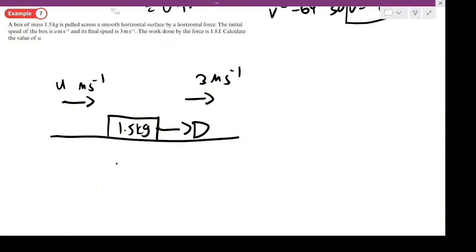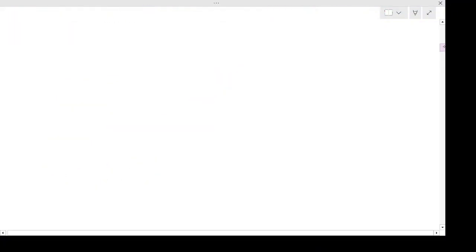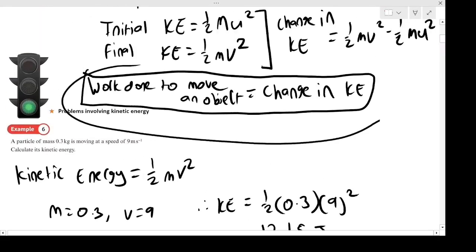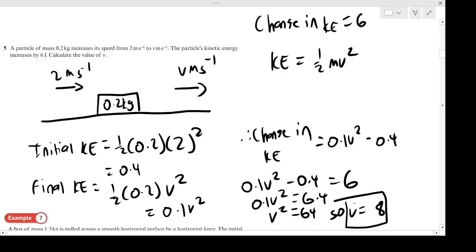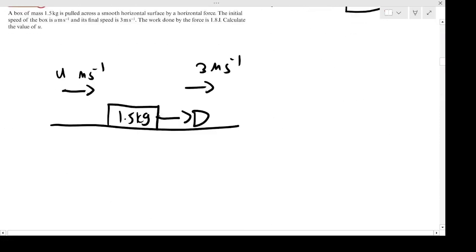But as we discussed at the start in this second formula, the work done when we're moving something is just the change in its kinetic energy. Because remember, the energy we're transferring to move an object forward has to be converted to kinetic energy. So the change in kinetic energy is the work done, and we can work out the kinetic energies this way.